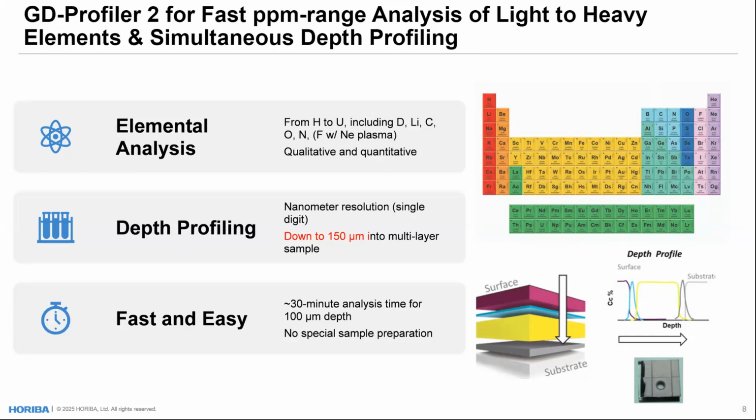Also, GD technique can give you qualitative and quantitative data if calibrated using some standards. And last but not least, the detection limit for GD-OES is in the range of ppm, and it can go up to 100%.